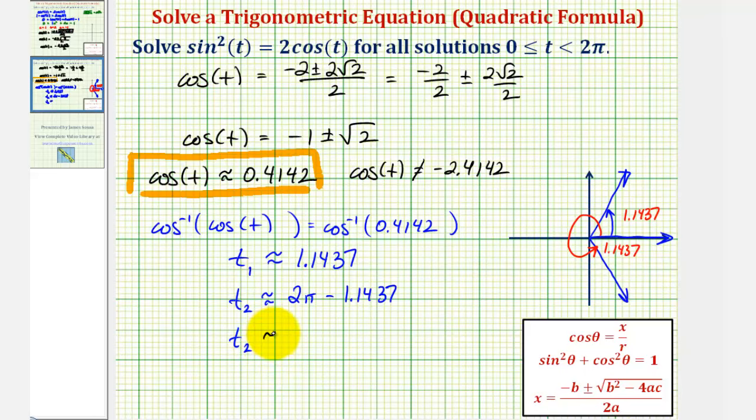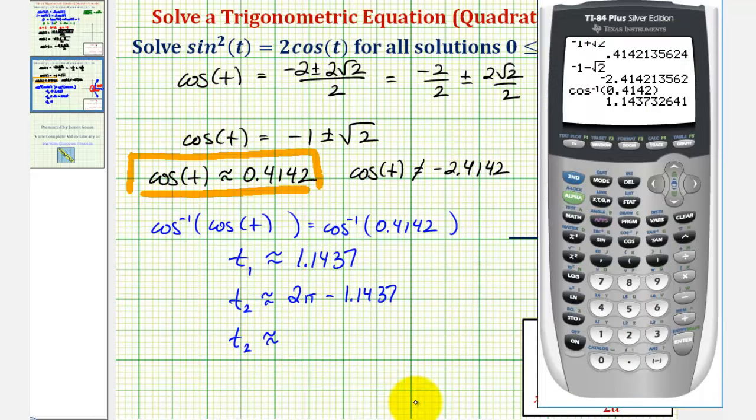So t sub 2 would be approximately, going back to the calculator, 2 pi minus 1.1437 radians, which is approximately 5.1395 radians.